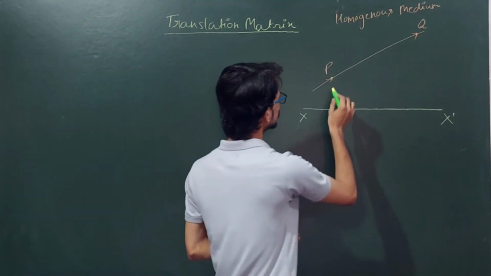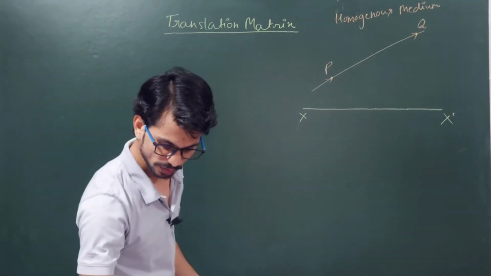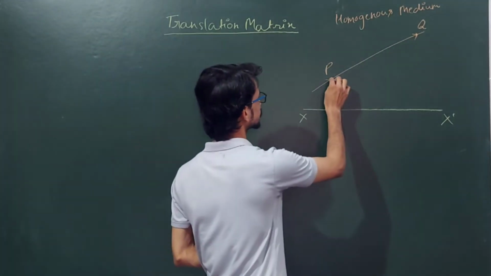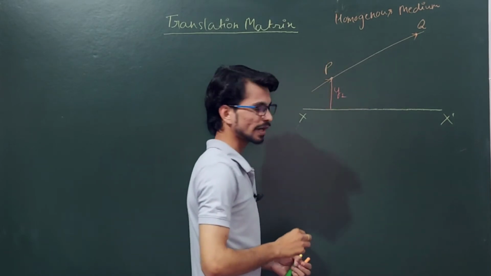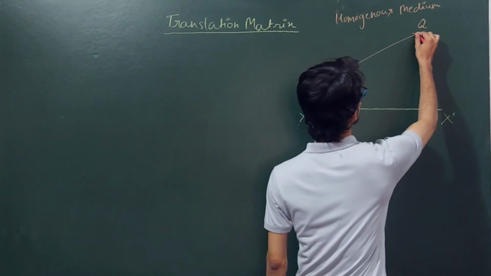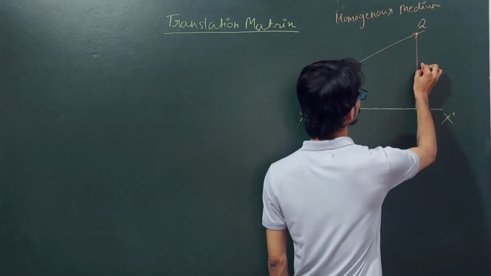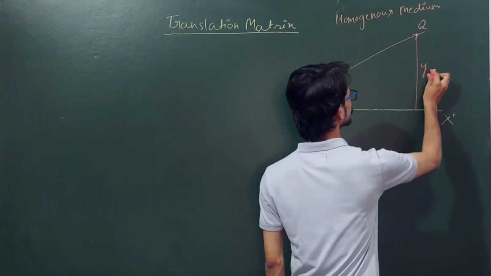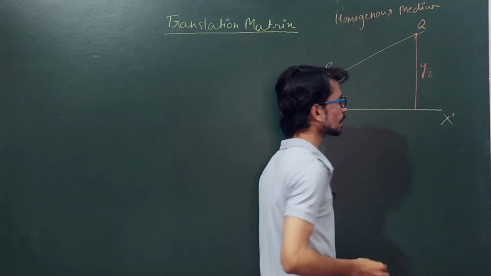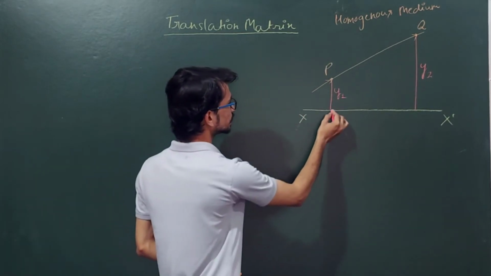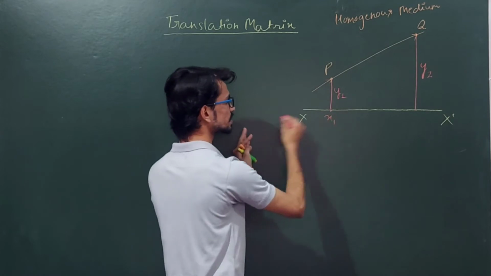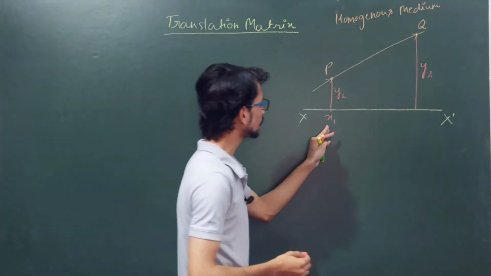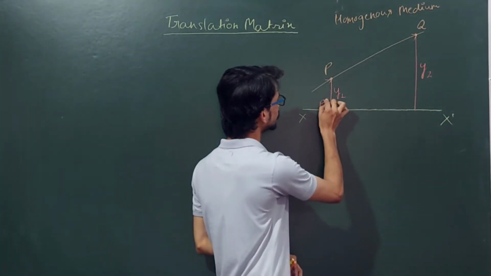Now let us take the distance of these 2 points from the principal axis. Let's say this distance is y1 because it is towards the y-axis, and this distance is y2. Let's say this point is x1 from the origin, and this point just below P is P dash.